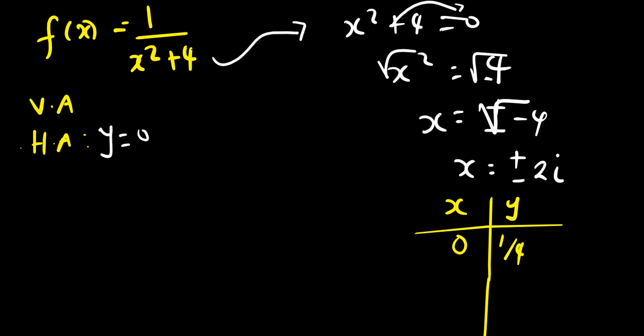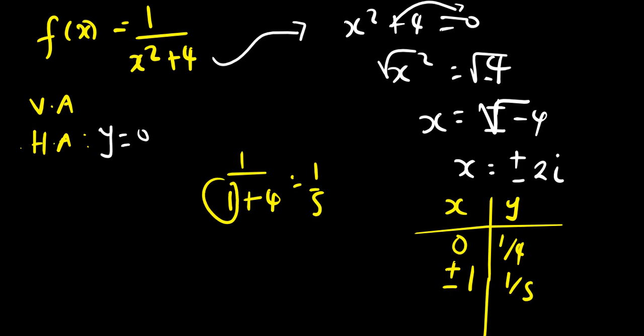Since this is a quadratic, whether you put a negative or a positive, you still get the same answer. What if you put positive or negative 1? You get 1 over 1 squared plus 4, which is 1 over 5, whether the 1 is negative or positive.